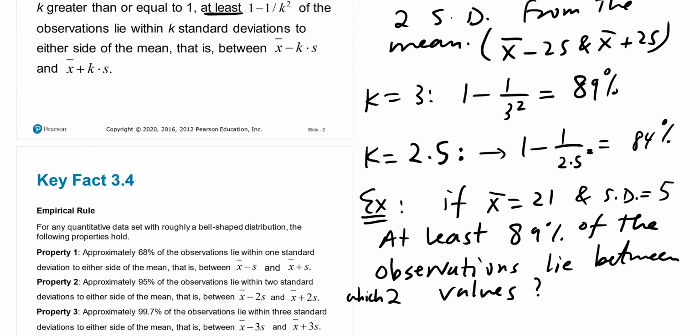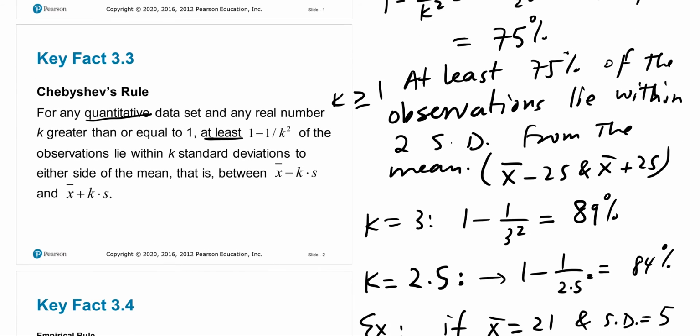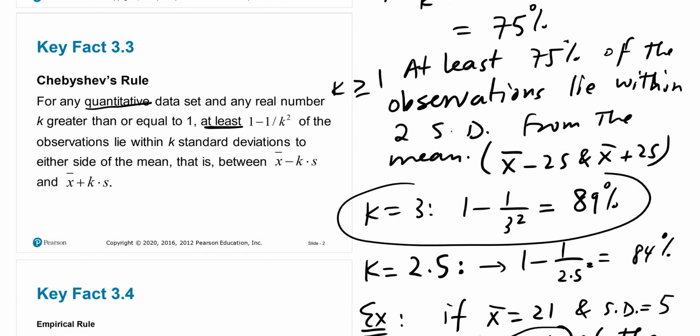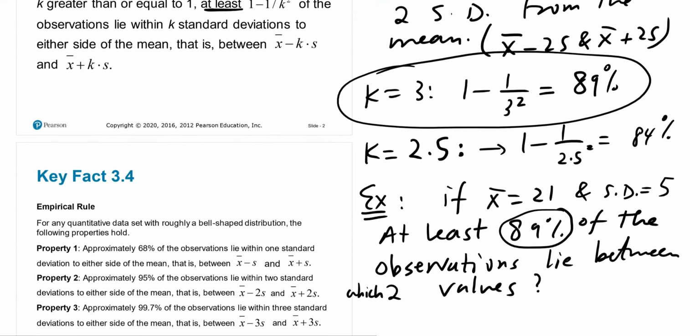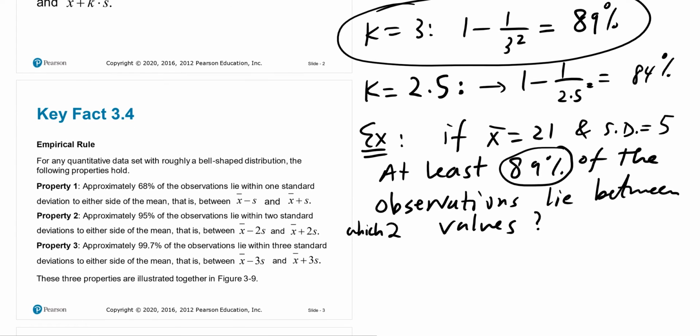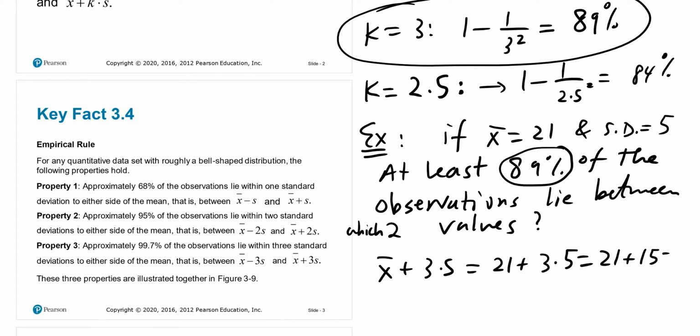The first thing is 89%. If you look back up, the 89% stands for 3 standard deviations from the mean. So we're going to take x bar plus 3 times the standard deviation. The mean was 21 plus 3 times 5, so 21 plus 15 gives us 36.